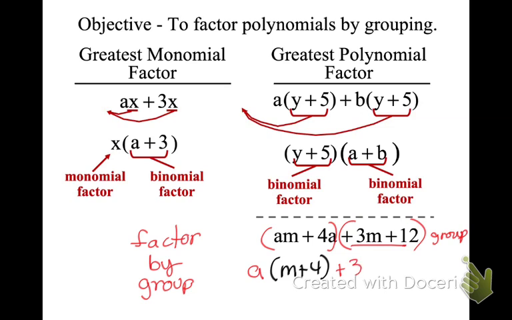Positive 3. I want the sign. And what's left? M plus 4. Okay? Now, what can we factor out? What's the common term, Mark? M plus 4. I can take out an m plus 4. And then I'm left with everything else goes into the other binomial, a plus 3. That is factor by grouping.